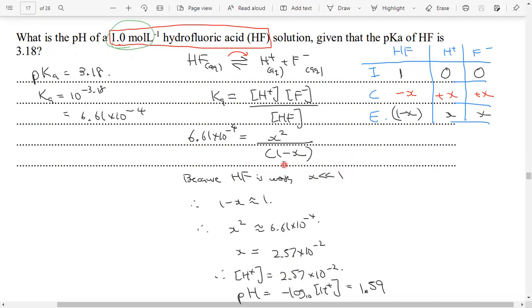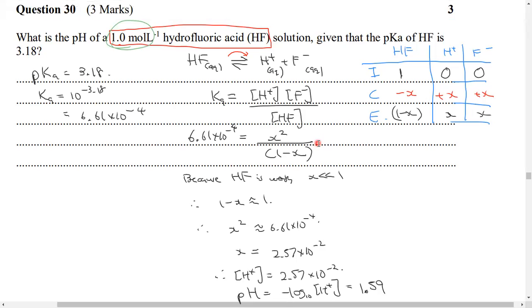Because it's much smaller than 1, to make the question easier, we then say, 1 minus x is approximately 1, because x is such a small number, right? That's a simplification you do when you do these questions in chemistry. You can work it out exactly, using the quadratic formula and so forth, but you're not expected to do that in chemistry. And you should find that it should make no difference to your final answer when you work out the pH. Not in the first few decimal places anyway. Yeah. Right. Great.